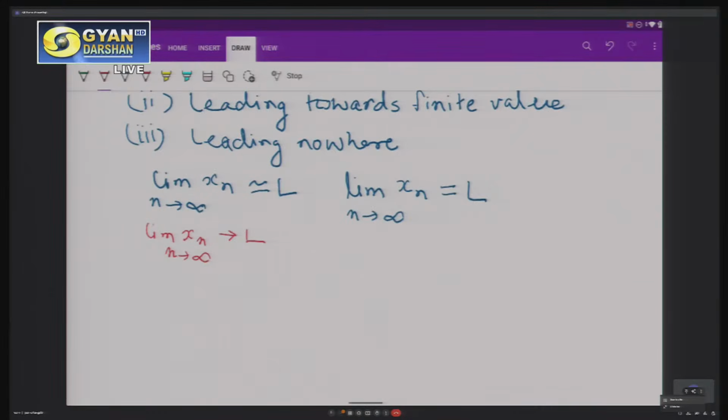So suppose there exists an epsilon greater than 0, a very small quantity, a very small number.